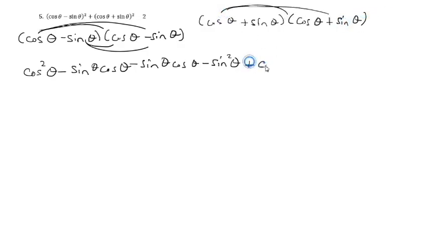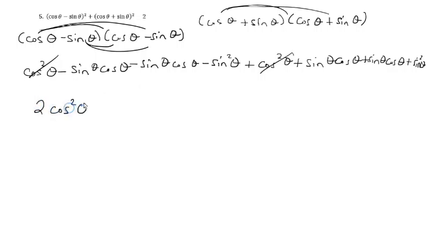So you're going to get cosine squared plus sine cosine plus another sine cosine plus sine squared. All right. So we're going to combine everything here. So it looks like we have a cosine squared here and a cosine squared there. So that gives us a total of 2 of them, right? So 2 cosine squared. We have 2 sine theta cosine thetas, which cancel out completely with these cosine thetas, right?